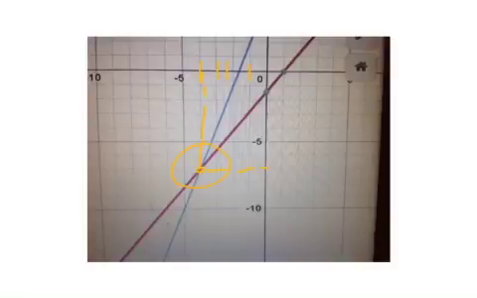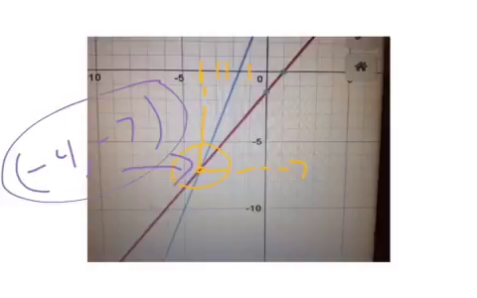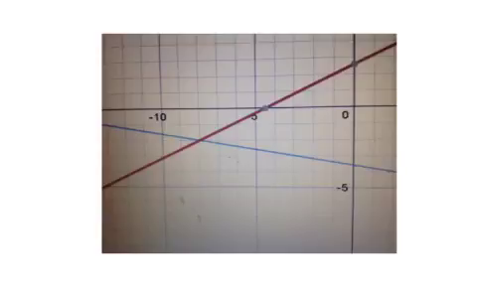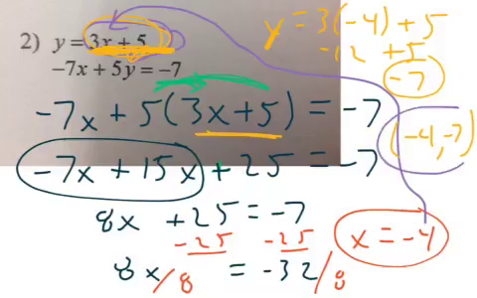And if we look across this way, notice that value right there is negative 7. So, long story short, is this point of intersection not negative 4 for x, negative 7 for y? And yes, it is. So notice where they intersect is exactly what we got for our answer.